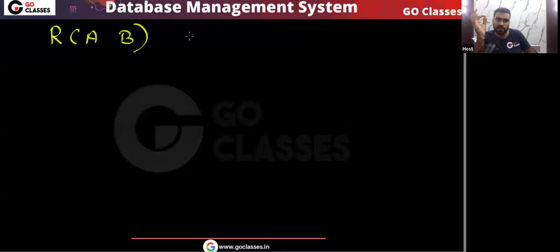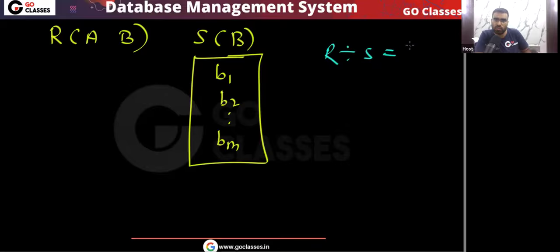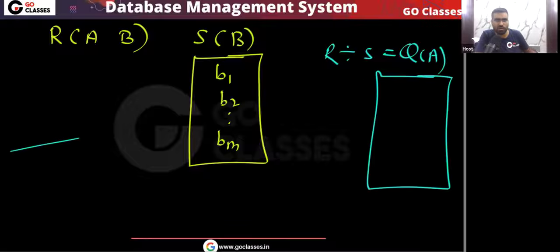If you have R with A, B, and you have S which has B. In S, if I have M tuples, B1, B2, and so on, BM, then remember, in the output of R divided by S, if I have A1, then what should happen?